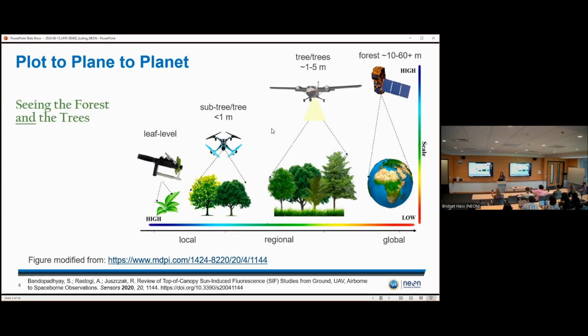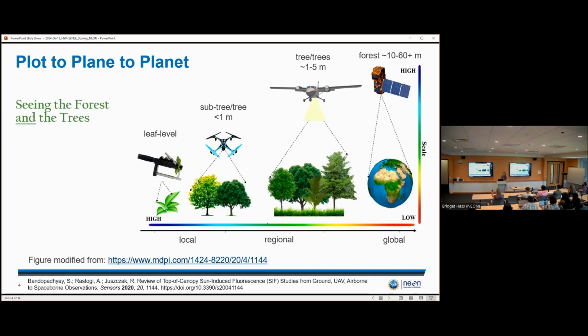More and more, we're seeing drone-based remote sensing that can measure things at a sub-tree or tree level, like less than 1 meter resolution. AOP collects data at this 1 meter resolution, which can capture individual trees in most cases. And then lastly, satellites can capture these larger areas, but at much coarser resolution.